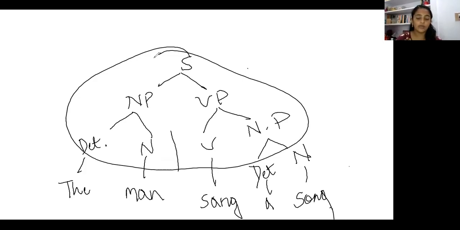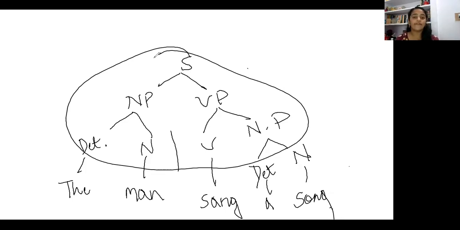Instead of man, I can say the girl, the person, the individual, whatever it is. Or instead of the determiner the, I can say a or an. Then verb can be opened a box, or walked a mile. There are so many different constructions that can come to your mind if you follow this particular rule.